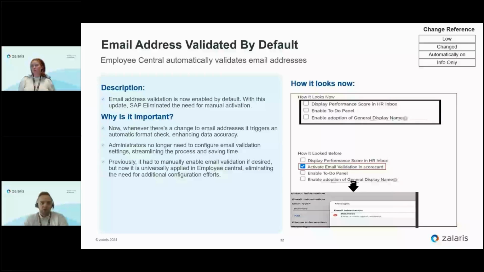As we can see on the right-hand side, there are now only 3 selectable buttons left, whereas below, we can see that the 4th one has been taken away. The functionality still works the same. This is just now on by default and cannot be switched off.